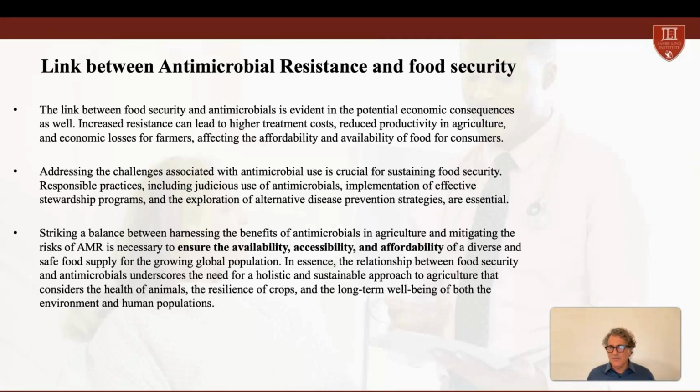Then accessibility: if we're talking about, for example, Thailand, and there is a disease that affects all the meat inside the country, of course, because it is not a country with a high level of income, it will face a shortage of any sort of protein from animals, from food production, and this will affect food security and also affordability.